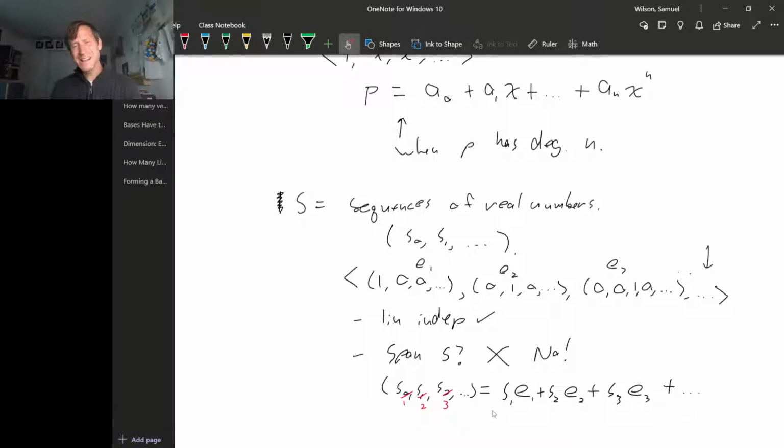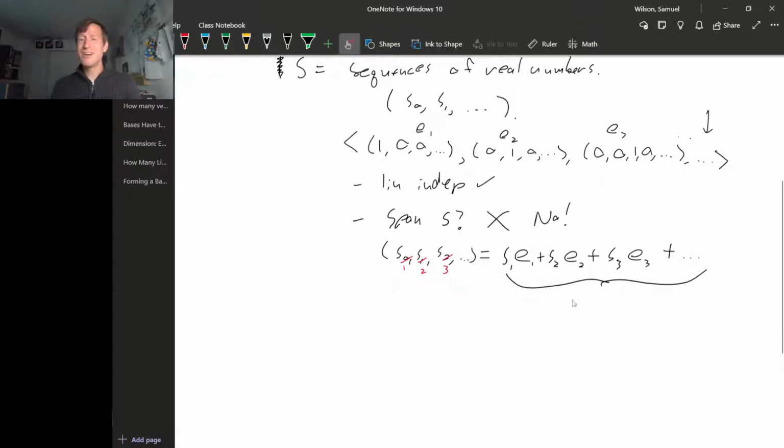Well, yes, but this is not a linear combination. If you look back to when we defined a linear combination, linear combinations have to be finite sums. And this is an infinite sum. So these are equal, but this isn't a linear combination.